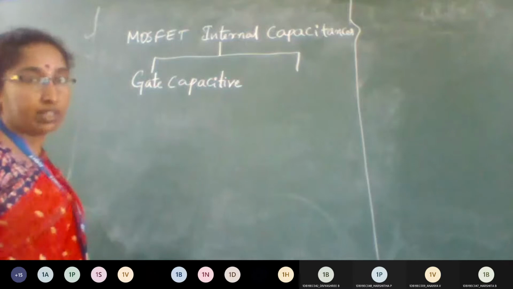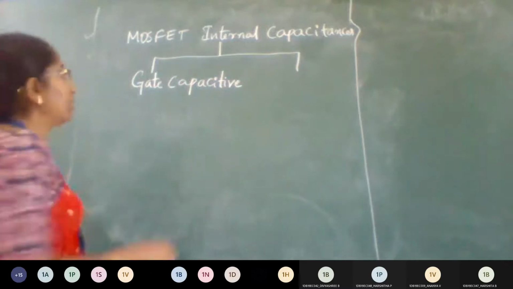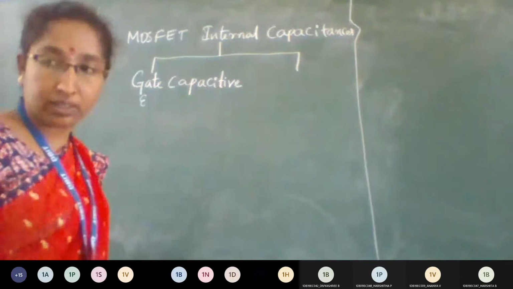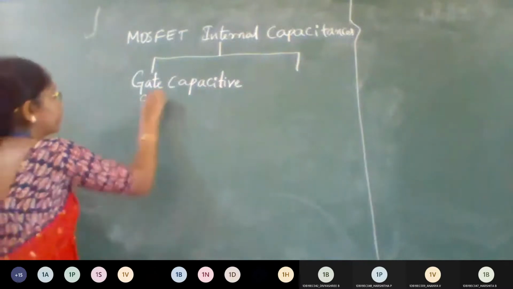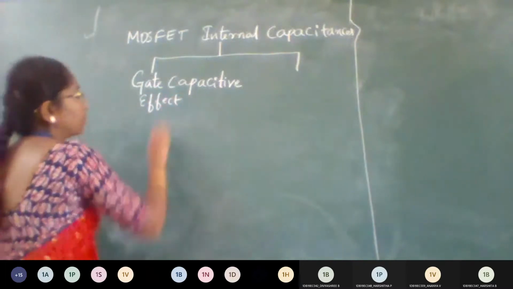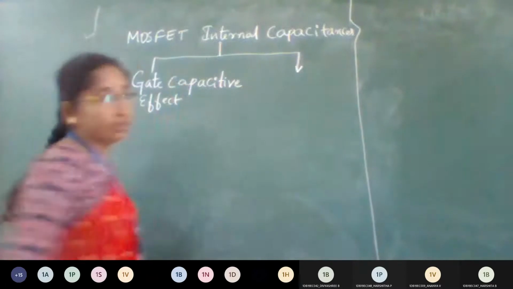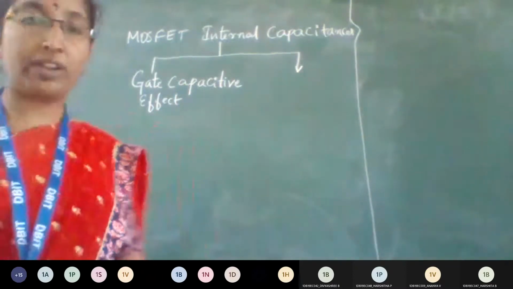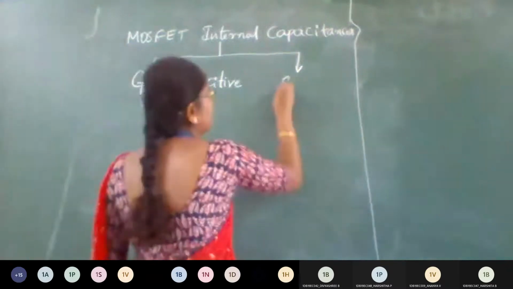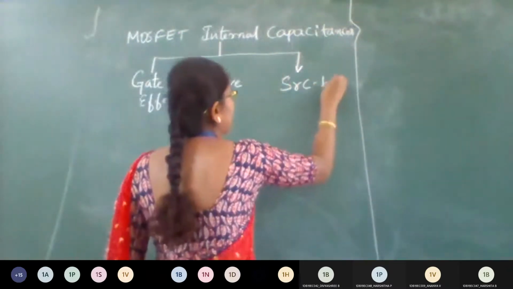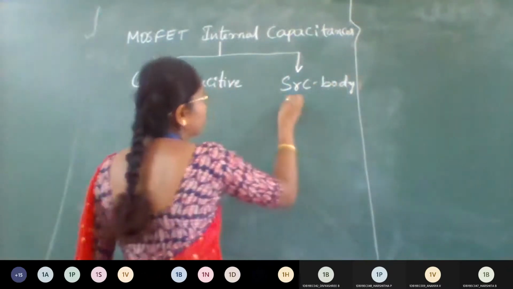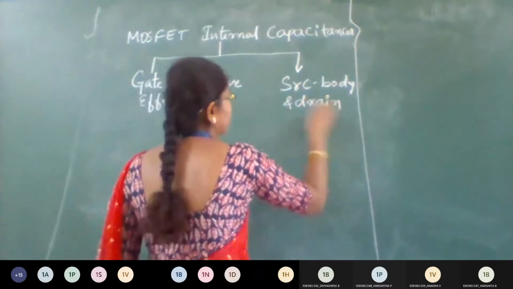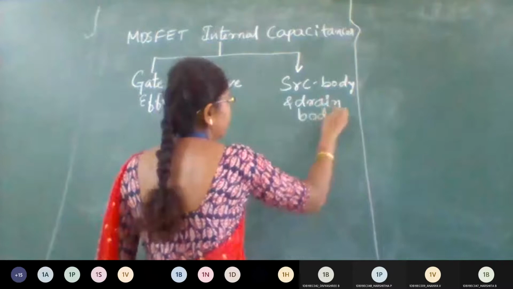The top layer is connected to the gate and the bottom is the channel. The second one is the source-body and drain-body depletion layer capacitance.